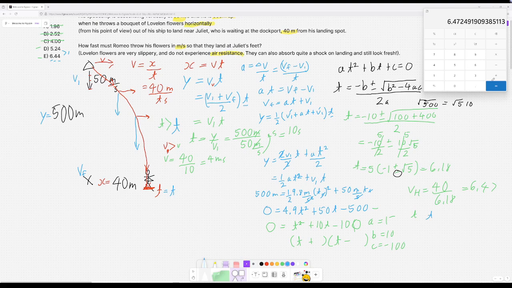The estimated time is going to be ever so slightly, let's see which it's going to be. Is it slightly larger?